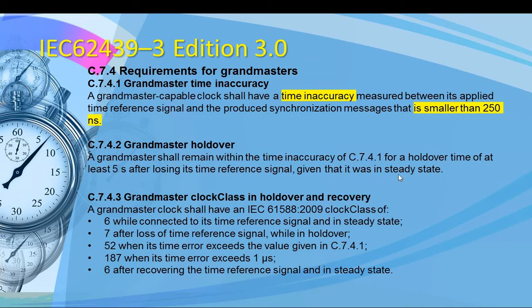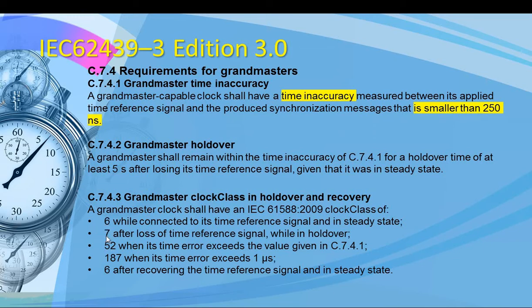When moved to holdover mode, the grandmaster can keep 250 nanoseconds for at least 5 seconds. When the grandmaster is locked to a GNSS time source, the clock class is 6.